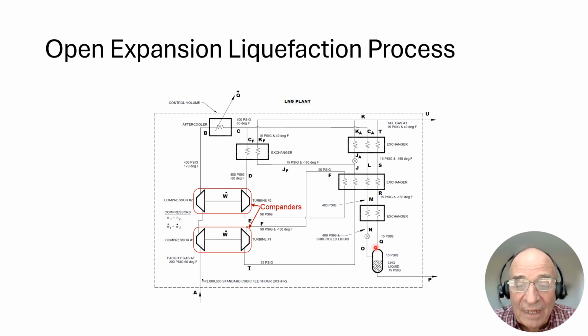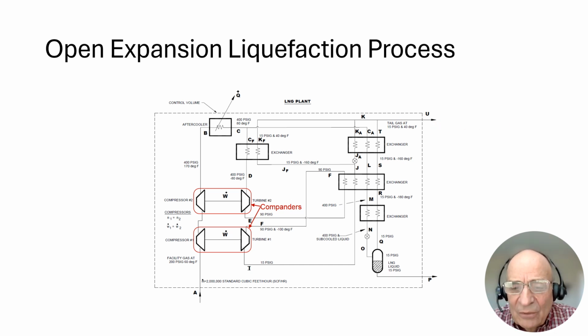actually computed. And that goes through this heat exchanger, gives up its refrigeration by extracting heat from this feed gas, continues on, extracts heat from the feed gas, continues on, extracts heat from the feed gas, and that too is mixed with your tail gas that's going out to the distribution system.